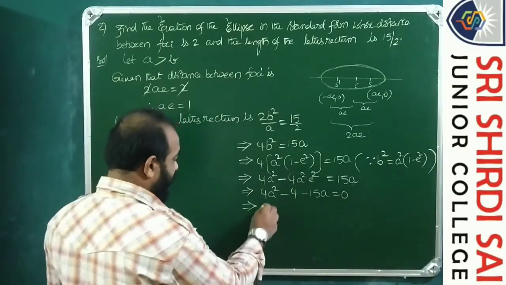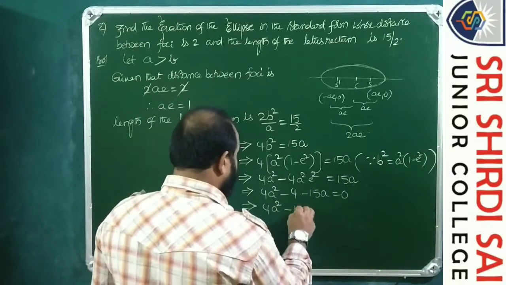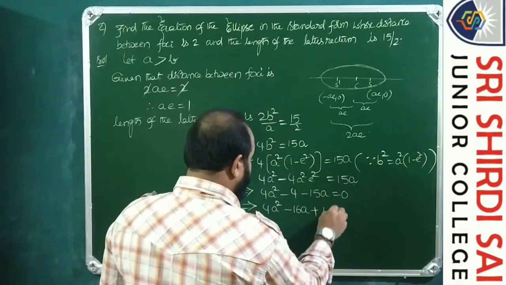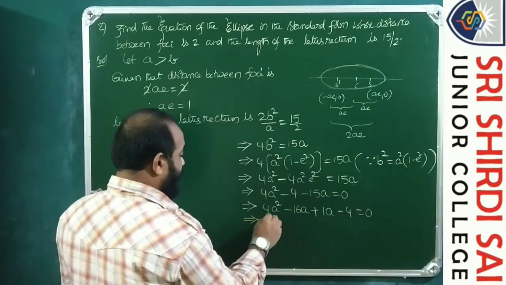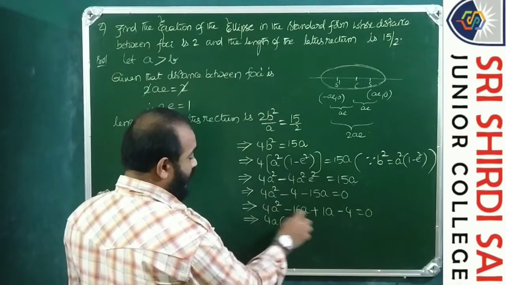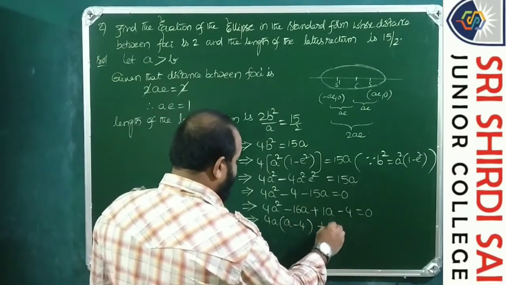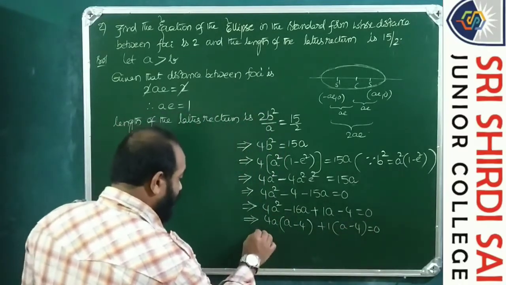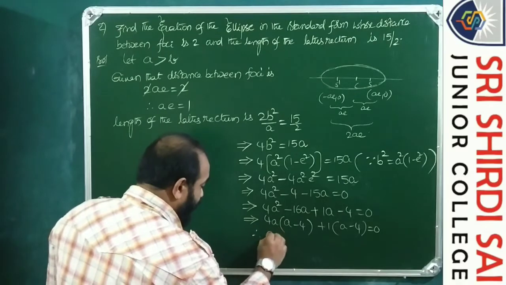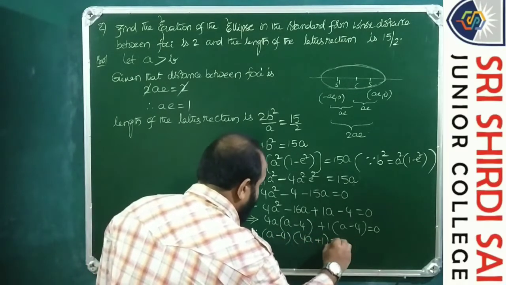So factorization: 4a square minus 16a plus 1a minus 4 equals 0. Take 4a as common in these two. So this is a minus 4 plus 1 into a minus 4 equals 0. Therefore, a minus 4 into 4a plus 1 equals 0.